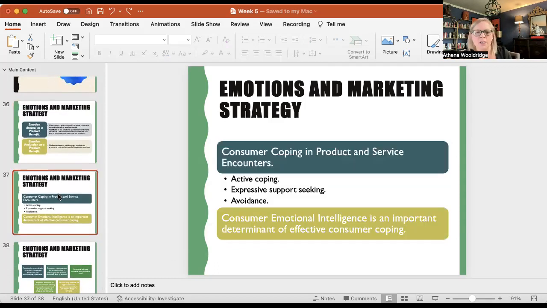When we think about emotions and marketing, we also think about consumer coping. This idea of avoidance, this idea of support and things like that. There are a number of different products that provide that. It's interesting in cosmetics and these items that are used to prevent or help stave off aging.